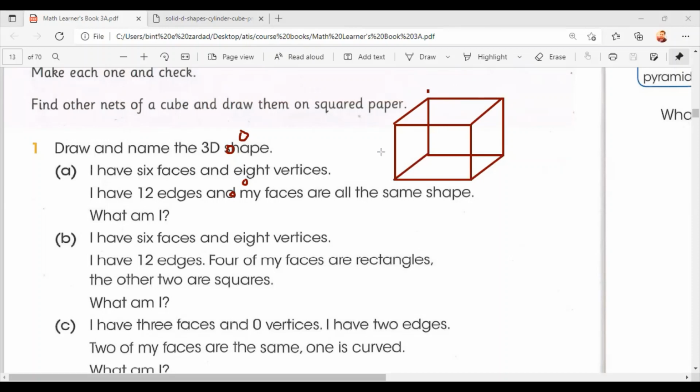Not exactly, but a little bit. So you can find the faces, their vertices and edges.